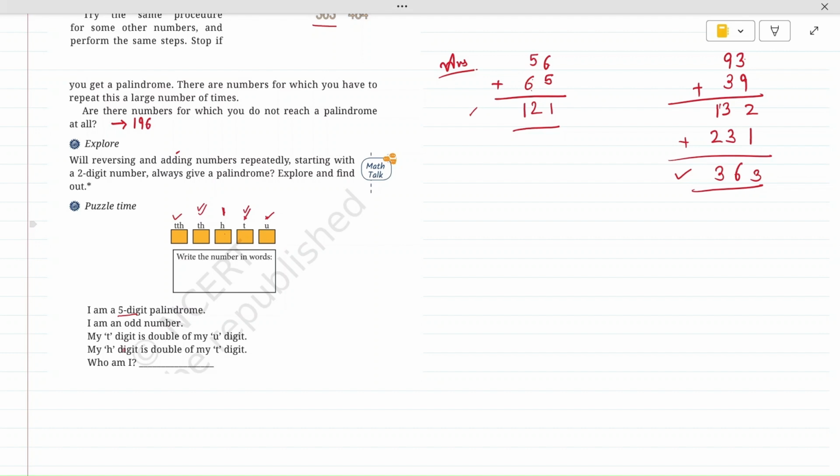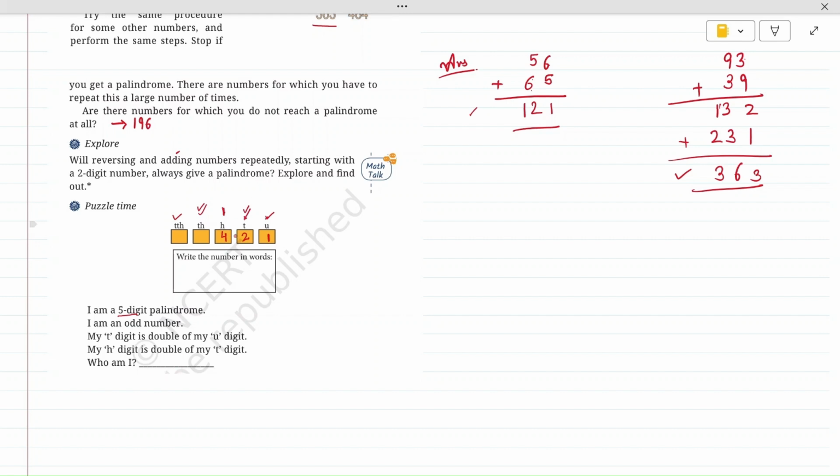Now let's try doing this. I am taking the unit digit as 1. If this is 1, my tens digit is double of my unit digit, so this will become 2. And my hundreds digit is double of my tens digit, and this will become 4. Who am I?